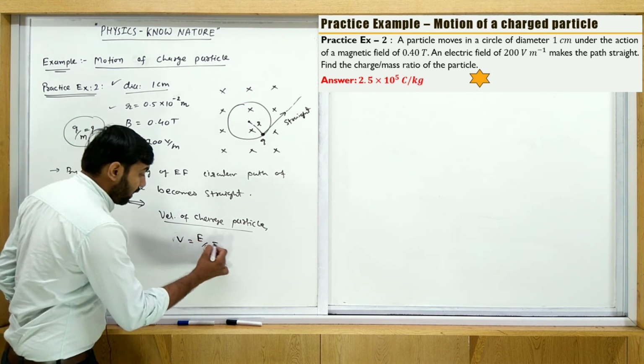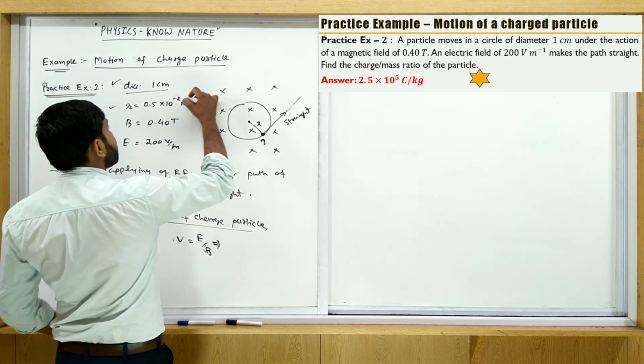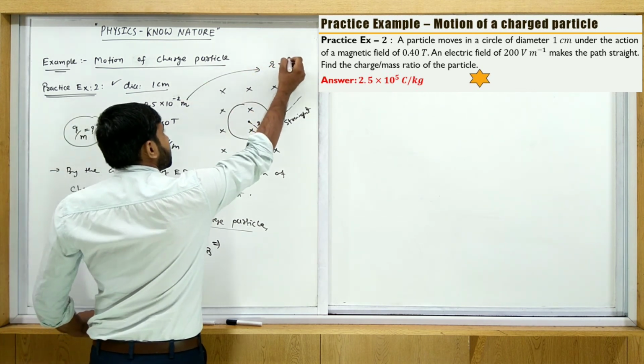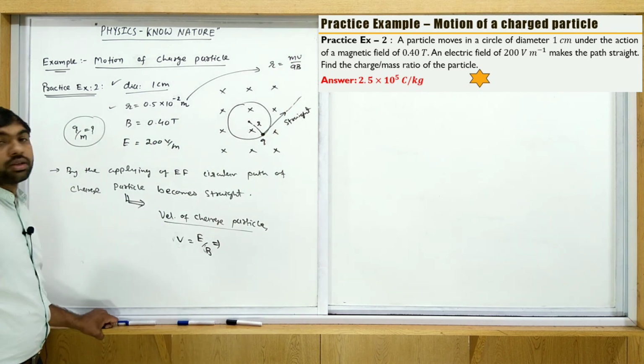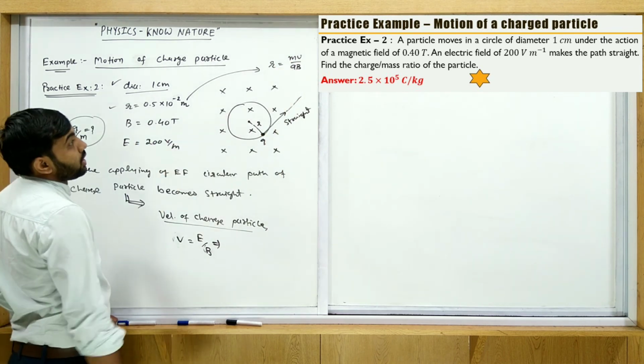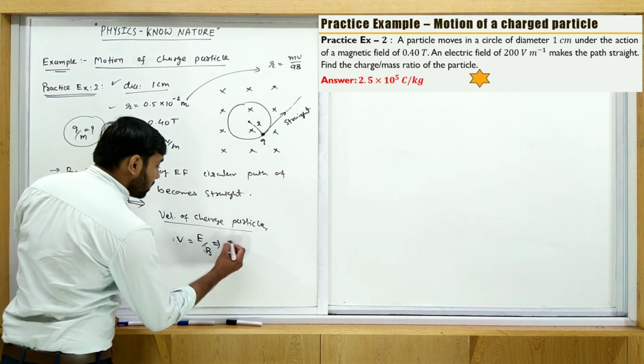So to find this ratio, V is replaced from the equation of R. What is this radius actually? Radius is equal to mv upon qb. So find this v from this one. So v is equal to r qb by m. So this is equal to what?